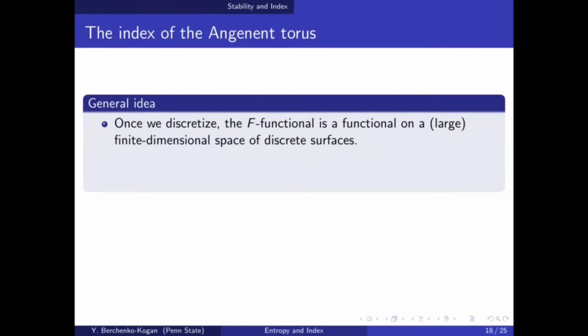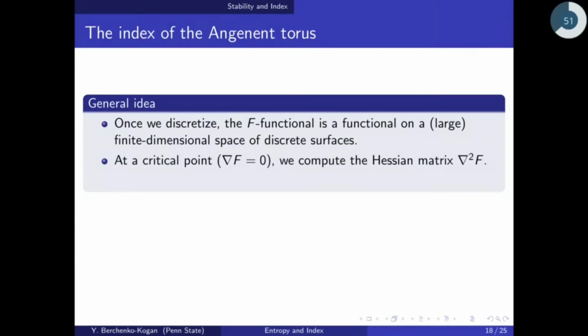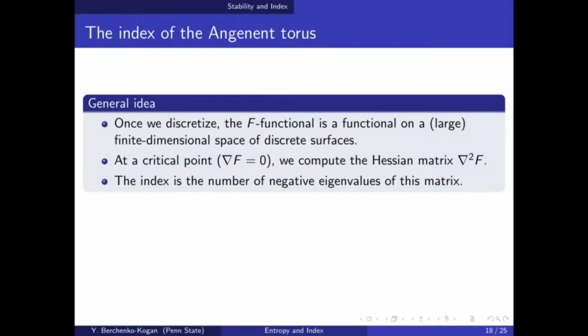The F functional is still defined on these piecewise linear surfaces, and so now we're just back into a high-dimensional calculus setting where we have a functional on a large finite-dimensional space. We find the critical points of this functional to find where the self-shrinkers are, and to find the index, we just compute the Hessian at that critical point, and we look at the number of negative eigenvalues of this matrix.